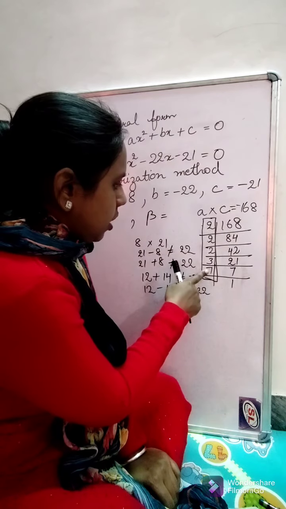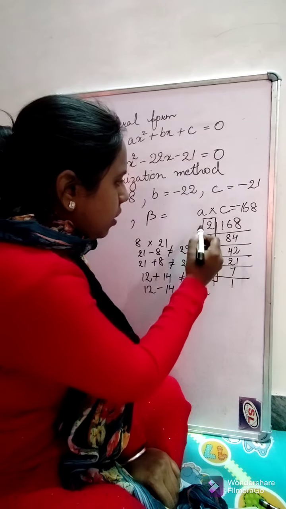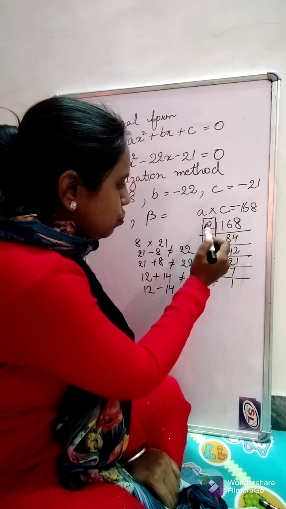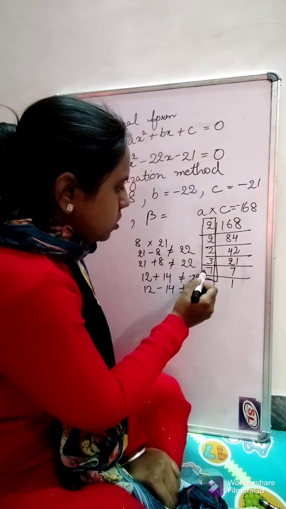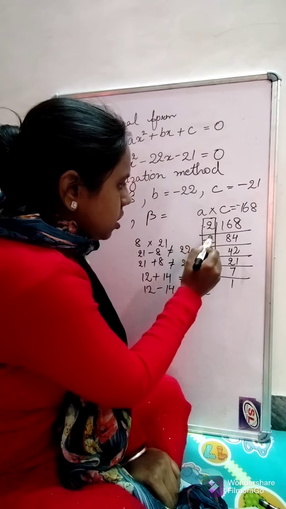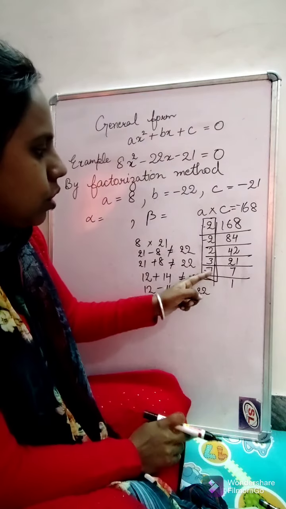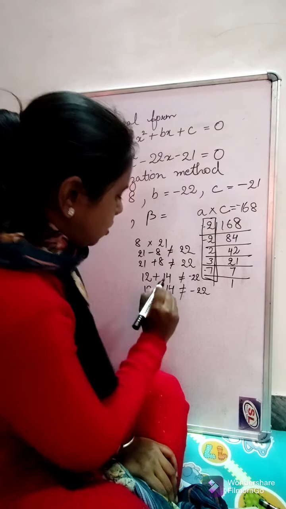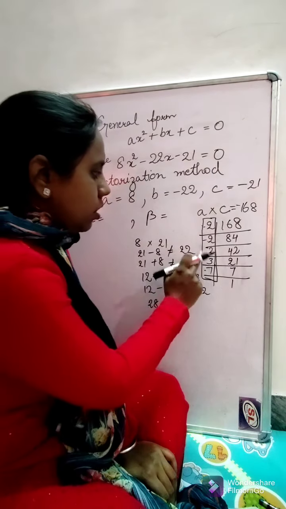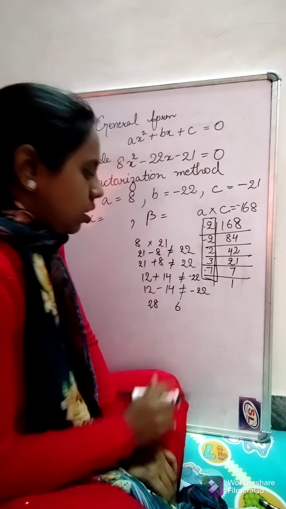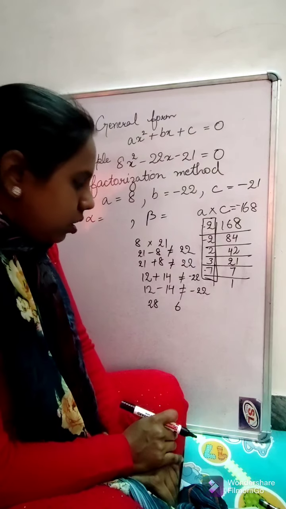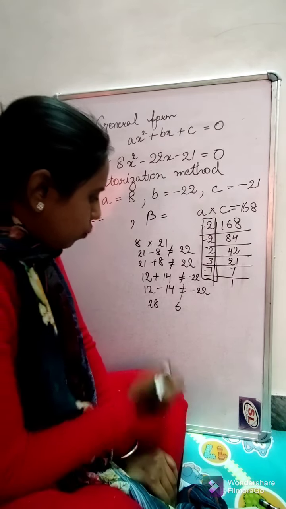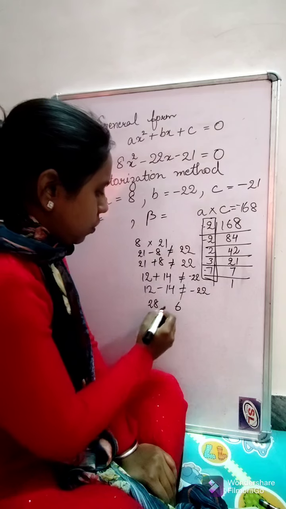I'm considering 2, 4 and 7. So 7 fours are 28, one number is this, and 3 twos are 6. Now if I add or subtract, in which manner will I get minus 22?